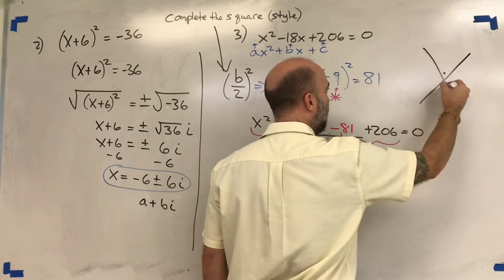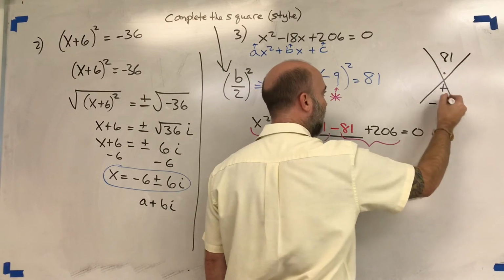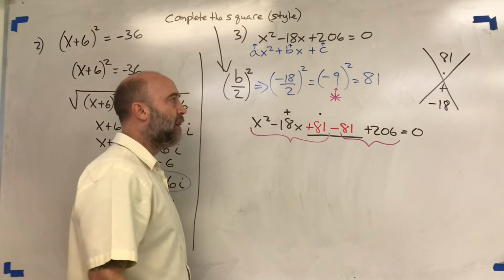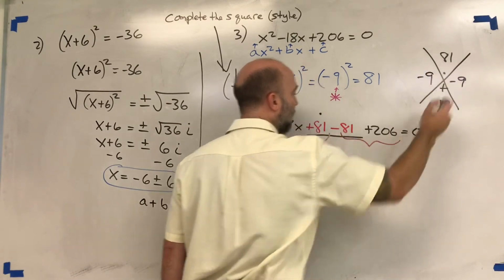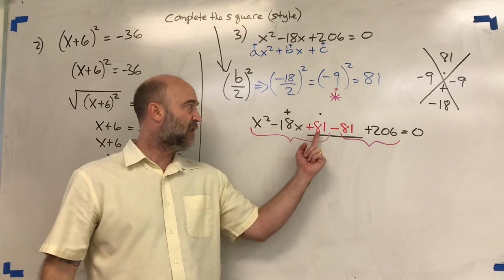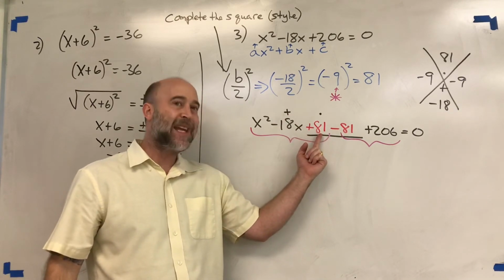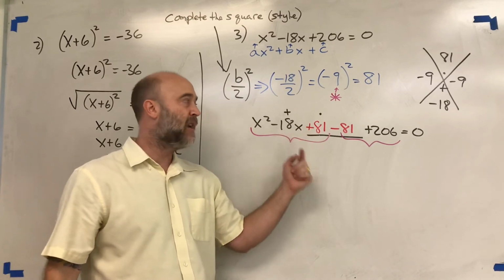We're looking at what numbers multiply to be 81 and add to be negative 18. If you've done it right, it should be the same number. So it's negative 9 and negative 9.